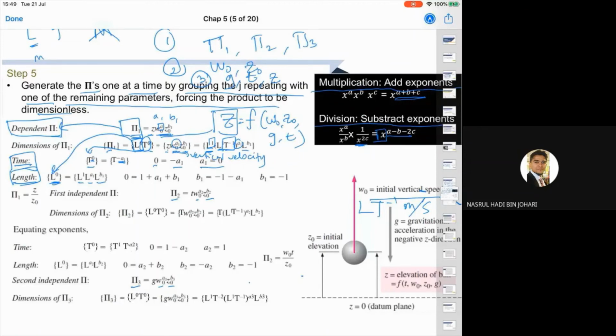So 0 equals 1 plus A1 plus B1. Knowing that A1 equals 0, this one equals 0, that means B1 equals minus 1. Having B1, you just write down again.